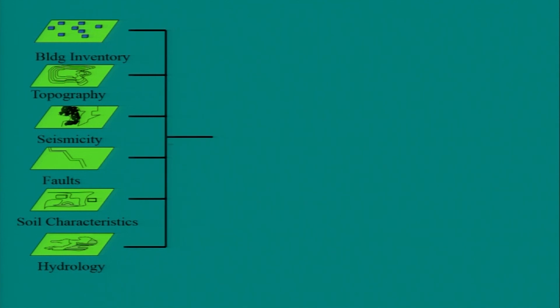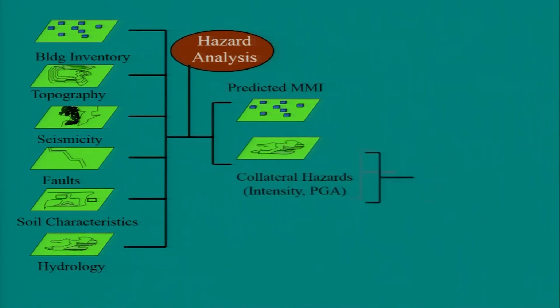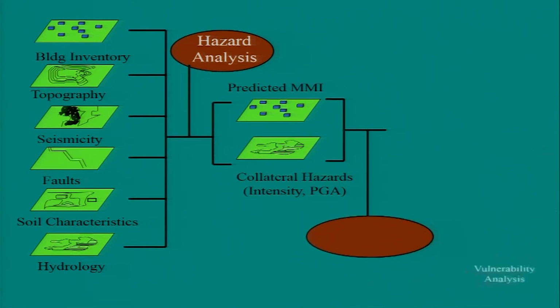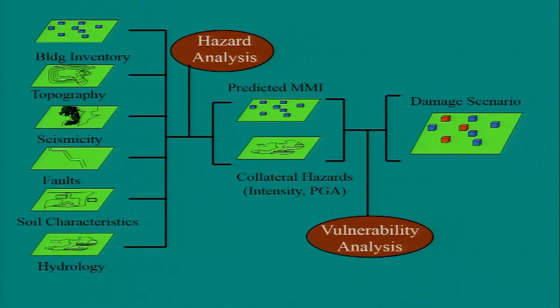So you need to have a lot of information, and this is the information which usually is required to go for microzonation. So you take into consideration the building inventory, topography, seismicity, faults in the area, soil characteristics, hydrology, that is the groundwater condition, and then do hazard analysis and prediction in the modified Mercalli scale, that is intensity, and collaterally you can put the intensity in PGA, the damage scenario, and then finally you are talking about vulnerability analysis.